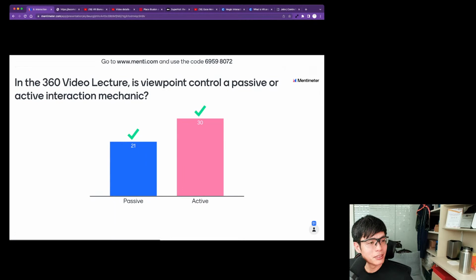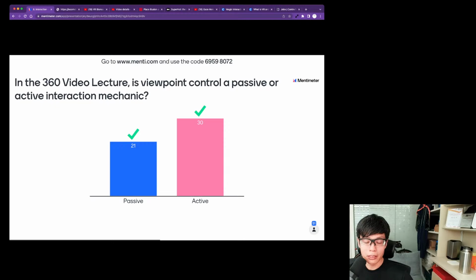Solomon has a question: are all viewpoint controls passive and all hand gesture mechanics active? Yeah, for the purpose of what we're discussing here, that is almost true.